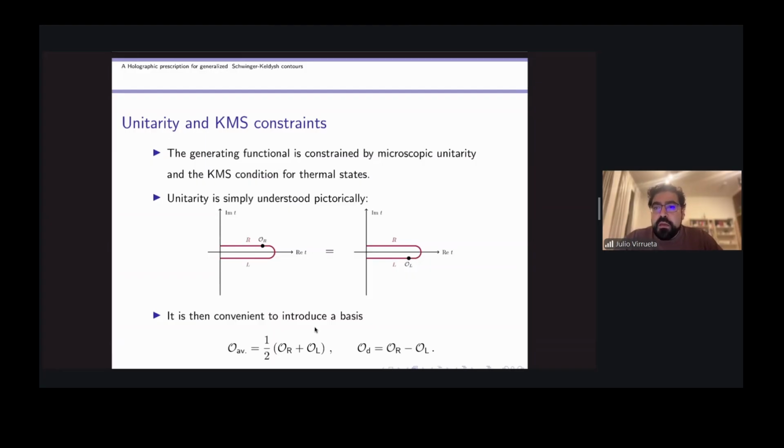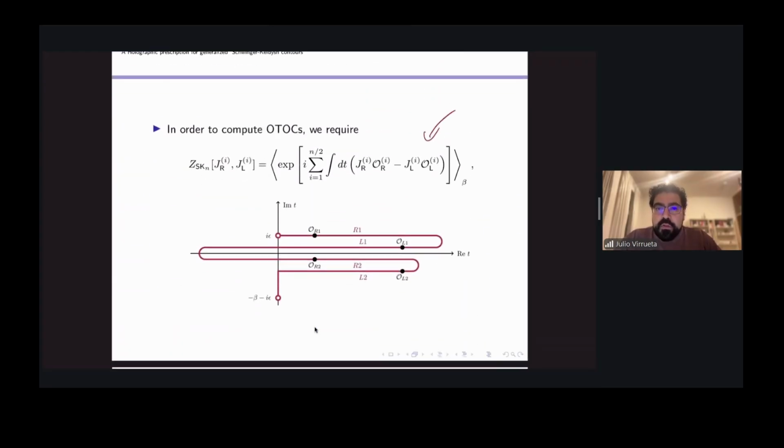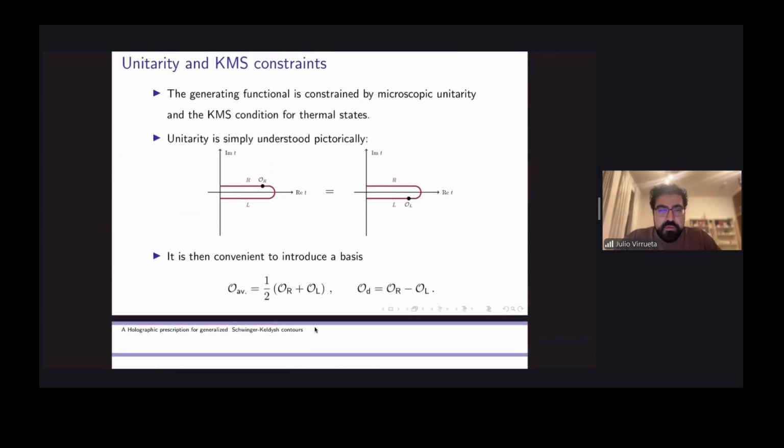So I am assuming that the underlying theory I want to study undergoes unitary time evolution. Similarly, since I am considering correlators in the thermal state, the defining property of thermal correlators is that they obey the KMS condition. And that imposes constraints on the kind of objects that will appear when I compute this generating functional.